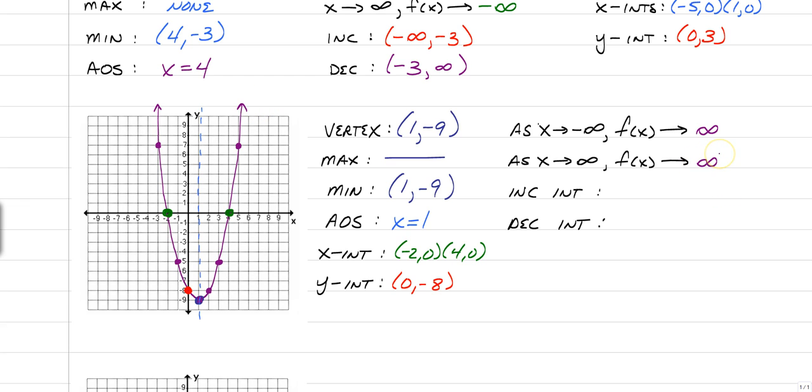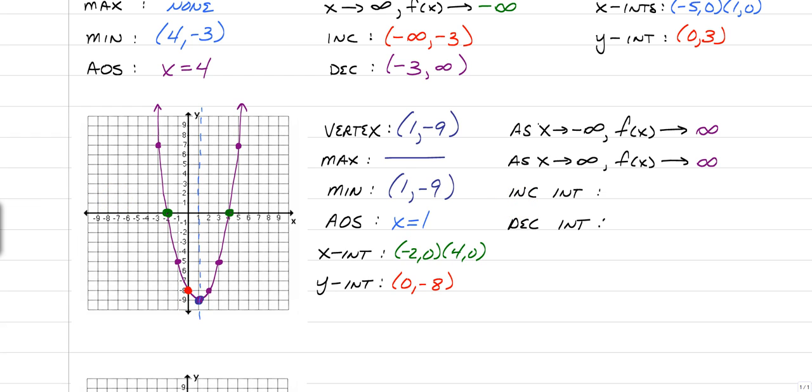So it is also approaching positive infinity. Now, little sneak peek, if we have any type of quadratic, x squared or x to the 4th, any even exponent, the end behavior is always going to go in the same direction.